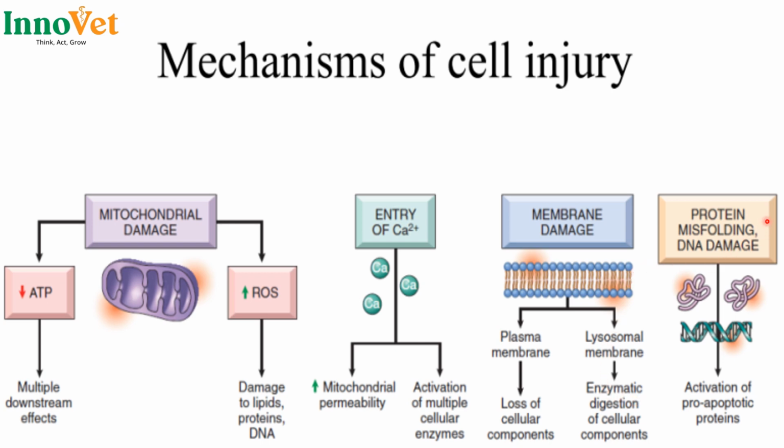Then we have protein misfolding and DNA damage. So when you have proteins misfolding, we may have myelin figures appearing in the cells, and also DNA. When DNA is damaged, we shall have reduced protein synthesis, and consequently we shall have activation of pro-apoptotic proteins.